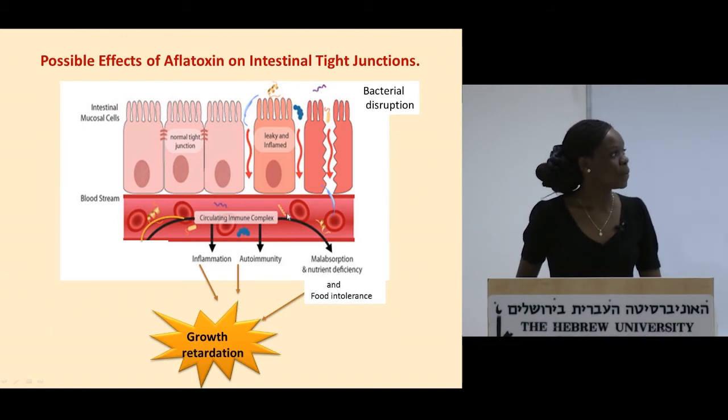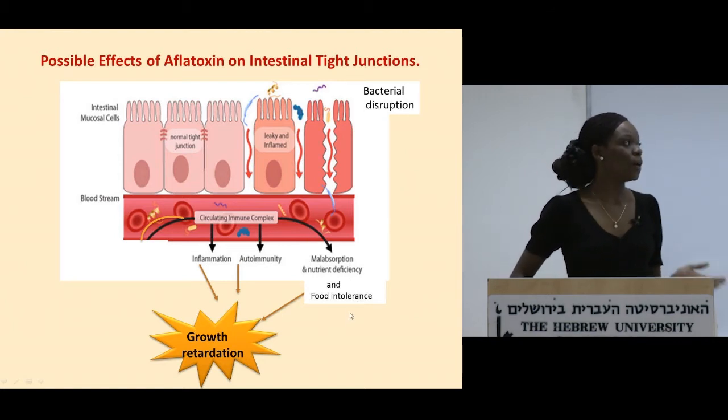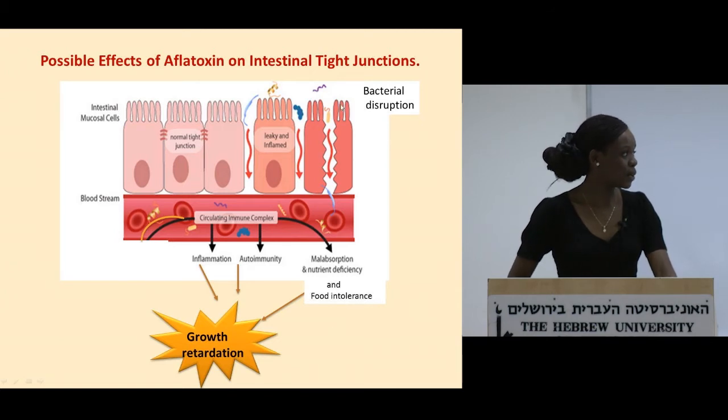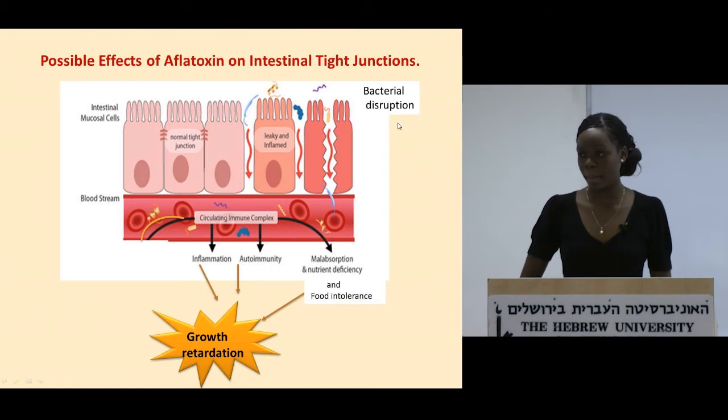We also have malabsorption of nutrients and food intolerances, and this interferes with the bacterial distribution in the gut. All these processes work synergistically to possibly cause retarded growth in children.